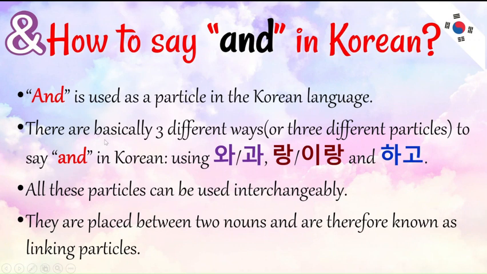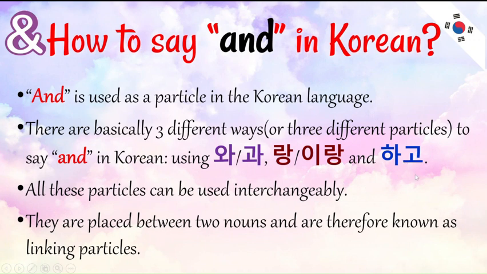Okay. Now, as I said, there are multiple ways to say and in Korean. So, basically, there are three different ways, or I should say three different particles to say and in Korean. Now, what are they? First one is by using wa or kwa. Second one is by using rang or irang.